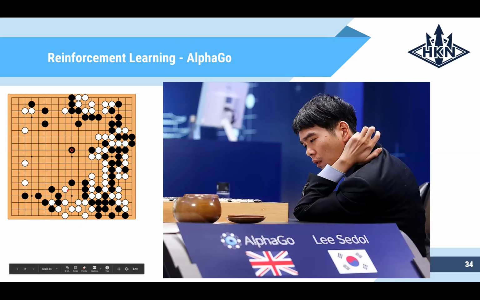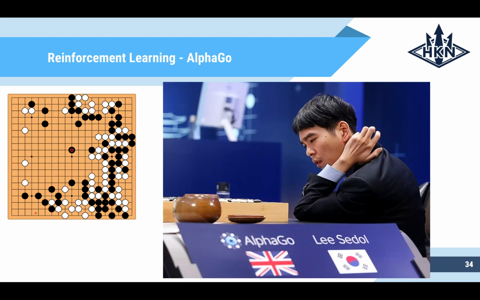The game is actually very simple. The objective is to surround enemy pieces, and you can put your pieces anywhere on the board. The board is quite large, I think 4 times larger than a chessboard. And it's very difficult for computers to solve because there are so many possibilities.